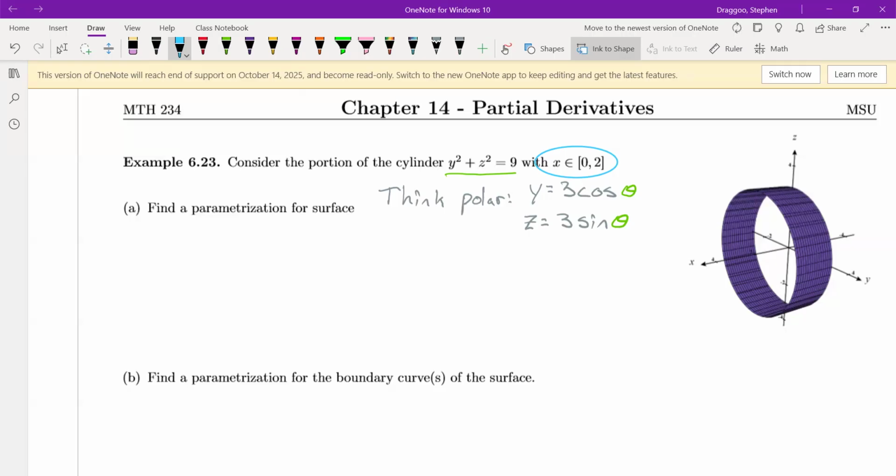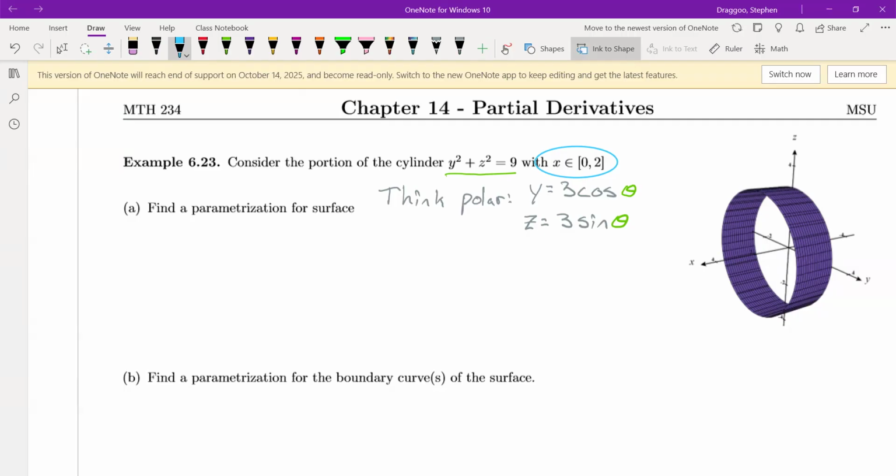But I'm also going to pay attention to this: x needs to be stuck in 0 to 2. Because if I'm thinking about the polar parameters that I'm using right now, I only needed theta to describe y squared plus z squared equals 9, right? That's just the one circle. It's like the circular base for this cylinder that looks to be expanding all parallel to the x-axis.